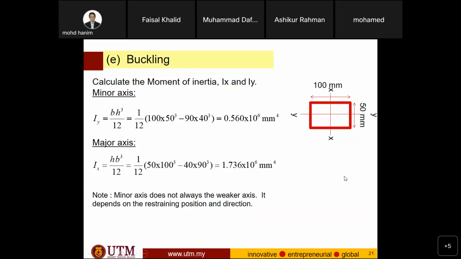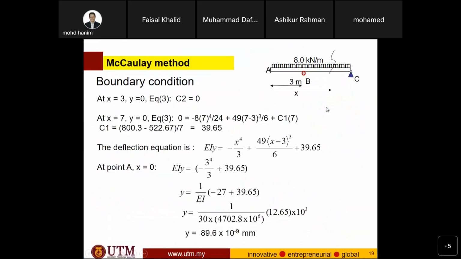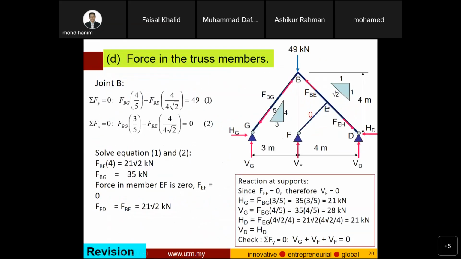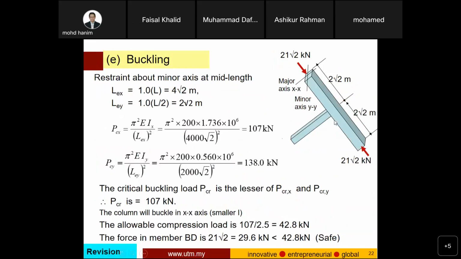Okay, then in this case, how did we get this photo from here? This is a line diagram. But from the line diagram, we can imagine what will be the orientation of the member.